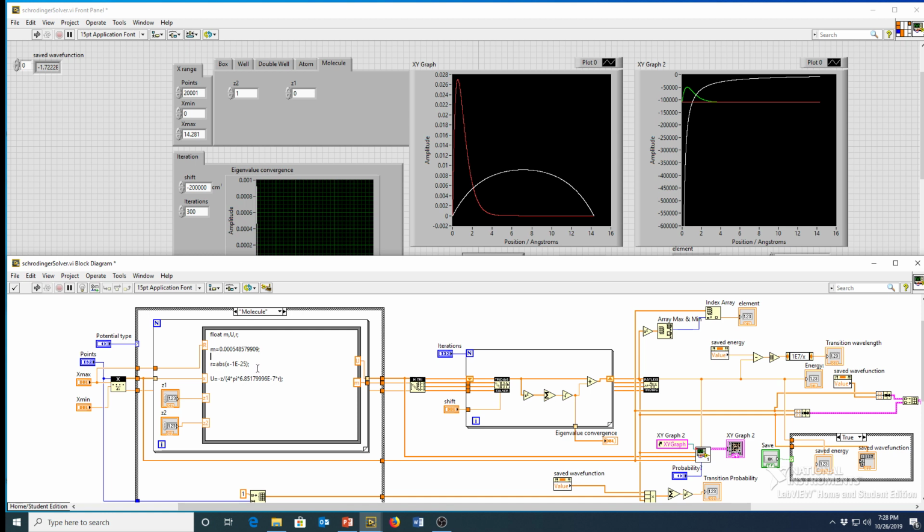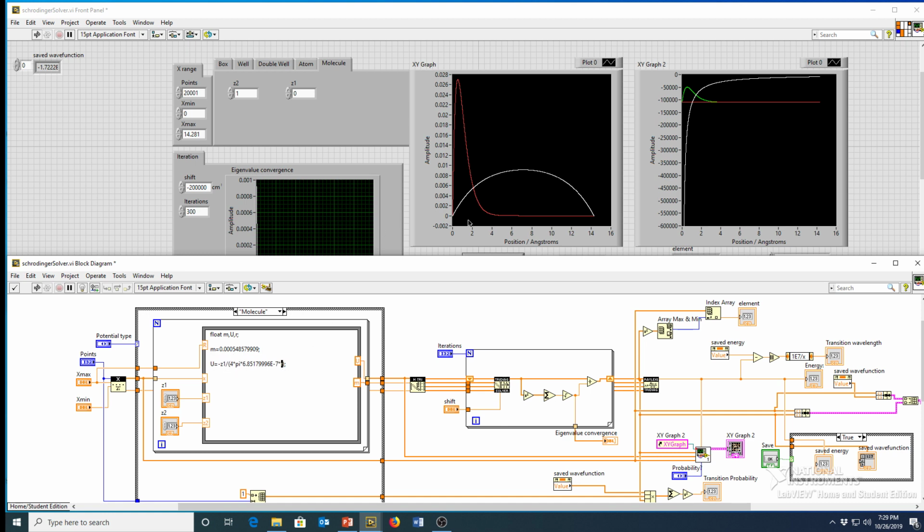Okay, so having that, we can complete our potential here. We need three terms in our potential. One for the interaction between the electron and the first nucleus. So let's turn this expression into that. Z1, delete that. Negative Z1 divided by all this.